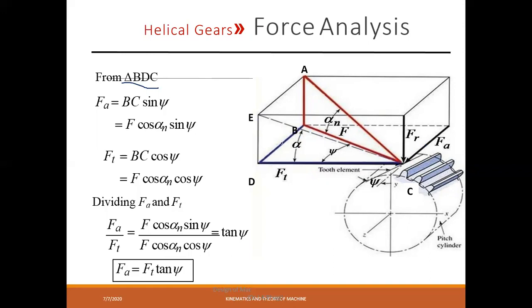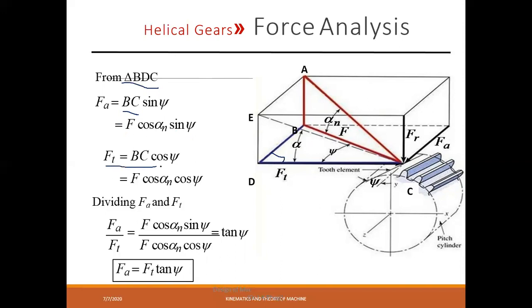This angle is psi, and this is a perpendicular 90-degree angle, so this is the hypotenuse. So FA is equal to BC sin psi, and the value of BC is F cos alpha n, as we discussed in the previous slide. So FA is equal to F cos alpha n into sin psi.